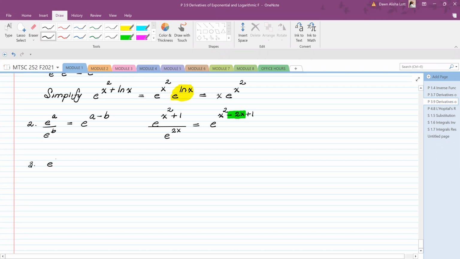Okay. e to a power and then to another power says multiply them. So that's e to the ab. So e to the fourth raised to the x power is just e to the 4x.